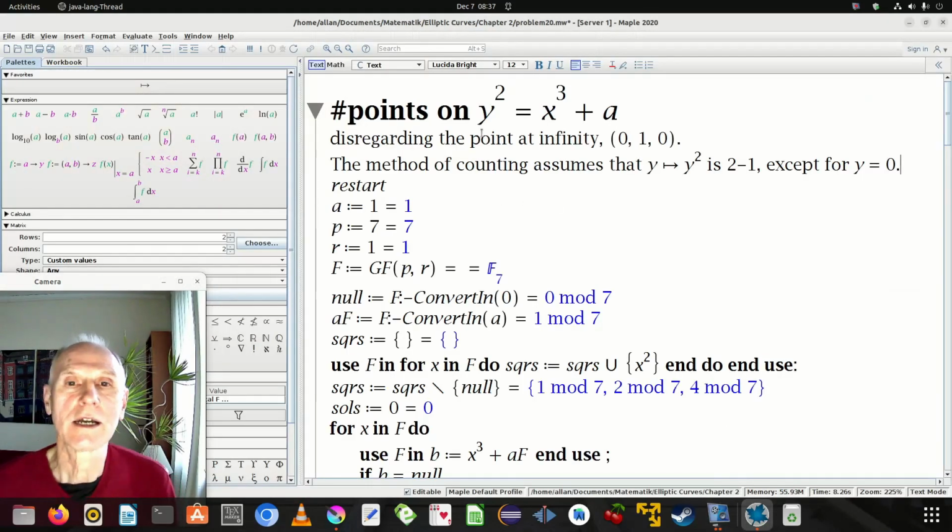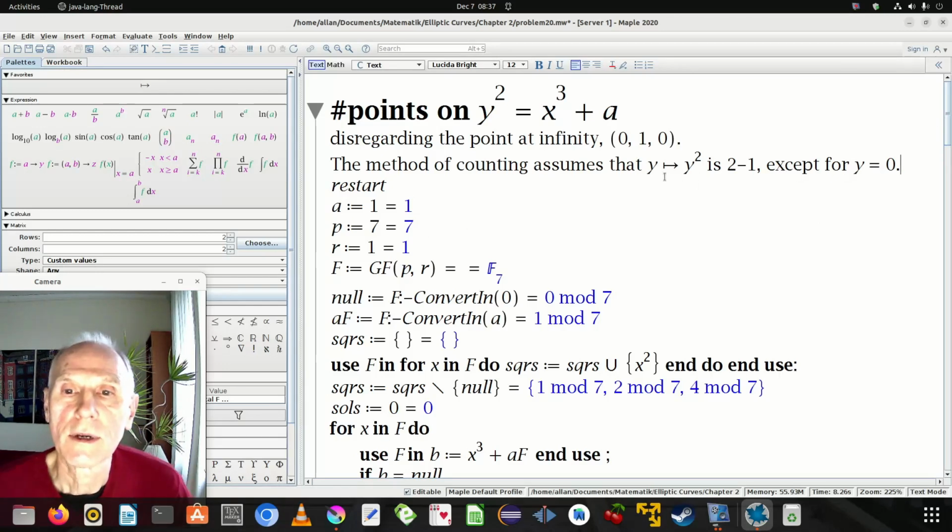I started making a Maple procedure for counting the points. First the principle, doing it step by step, taking a to 1 and the prime 7.